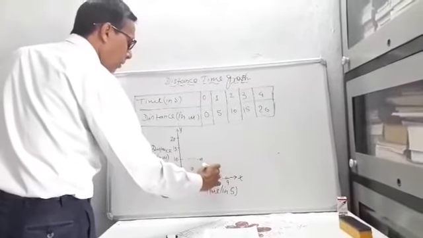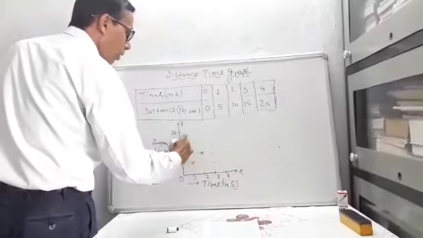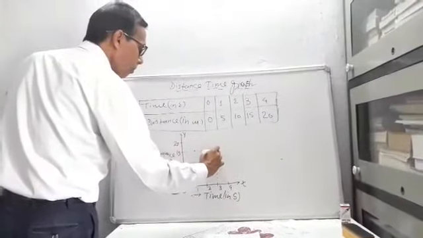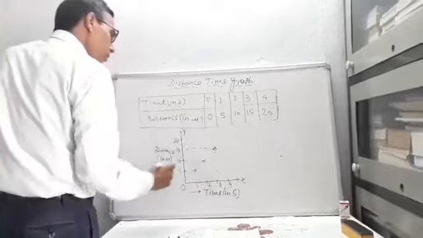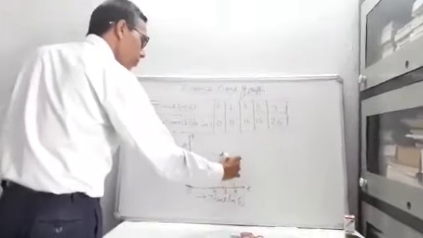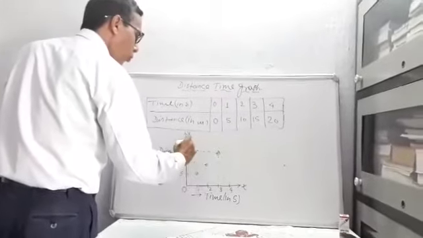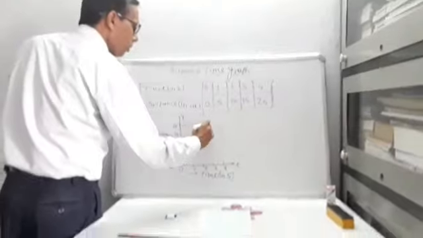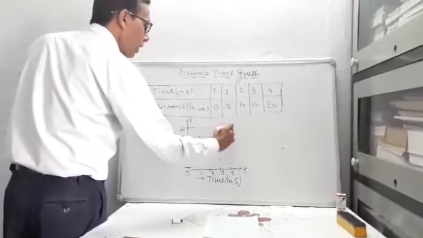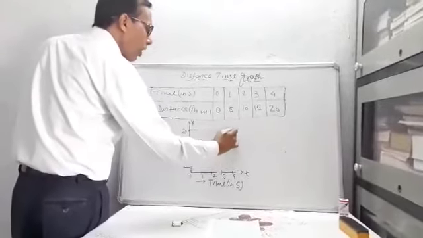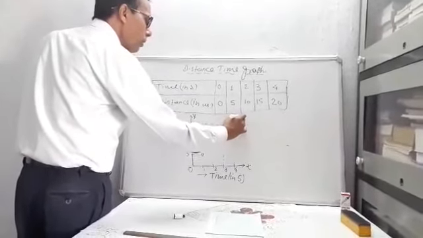In 3 seconds the body travels 15 meter, and in 4 seconds it travels 20 meter. Now we join the line from these points.